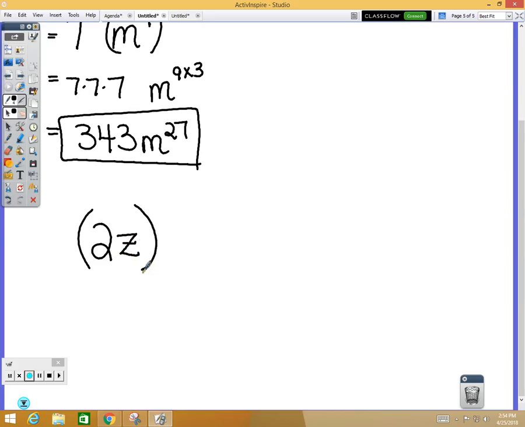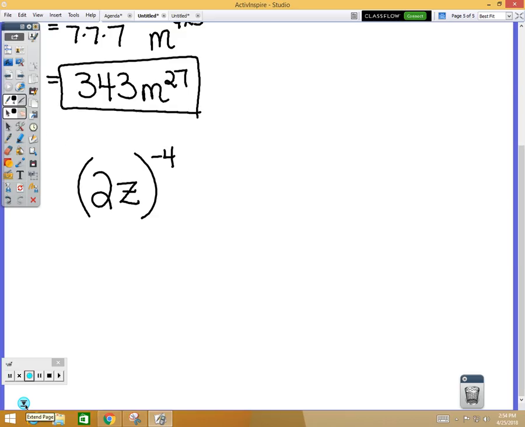2z to the negative fourth power. So again, that negative fourth is going to be distributed to the 2 and to the z. Okay?